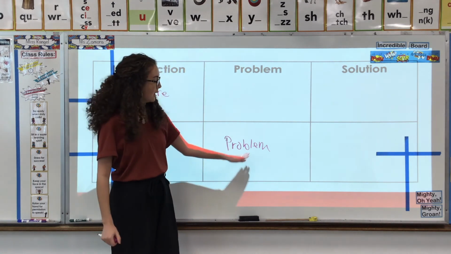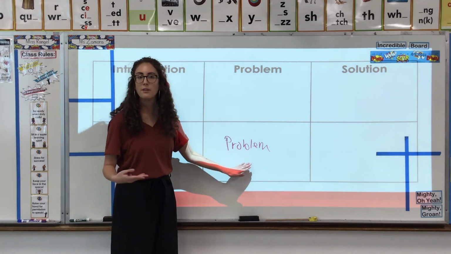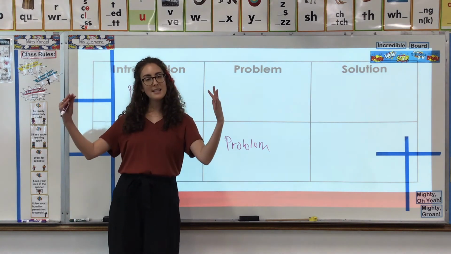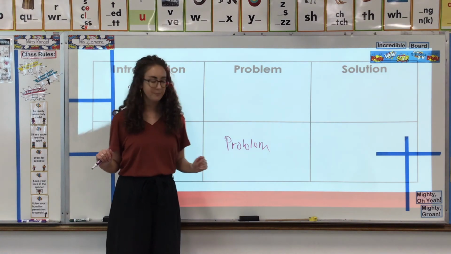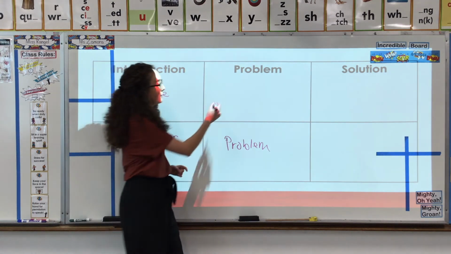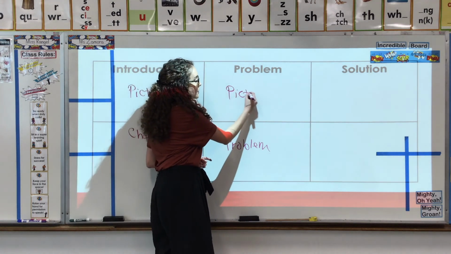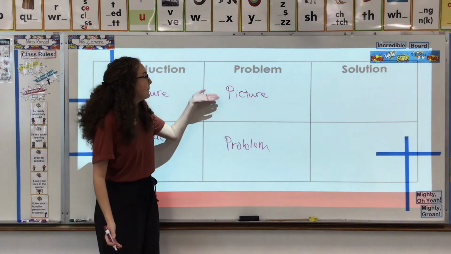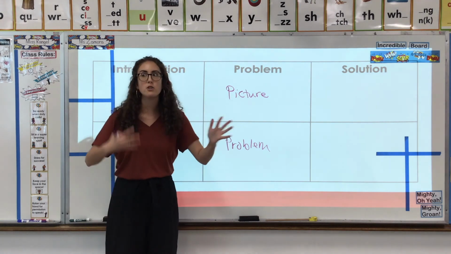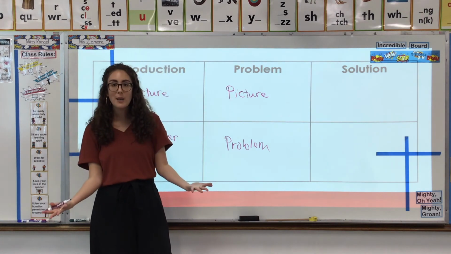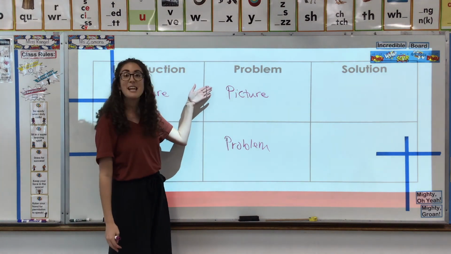For example, Mr. Mo didn't have enough food for the family feast. One sentence, but very clear. In addition to writing the problem, just like before, I want you to draw a picture of the problem. Make a beautiful image where you show your character, the expression on their face, what they're doing. So we can see your problem as well.